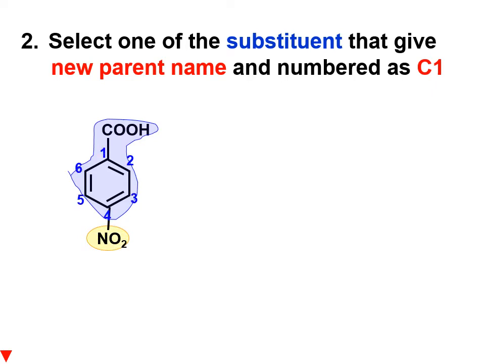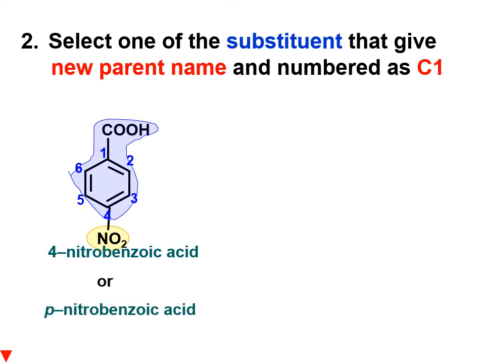We also have the common name when the carboxyl group is attached to the benzene, which is known as benzoic acid. So benzoic acid will be our parent name, and the nitro is attached to carbon 4, so it will be 4-nitrobenzoic acid, or, since positions 1 and 4 are para, p-nitrobenzoic acid.